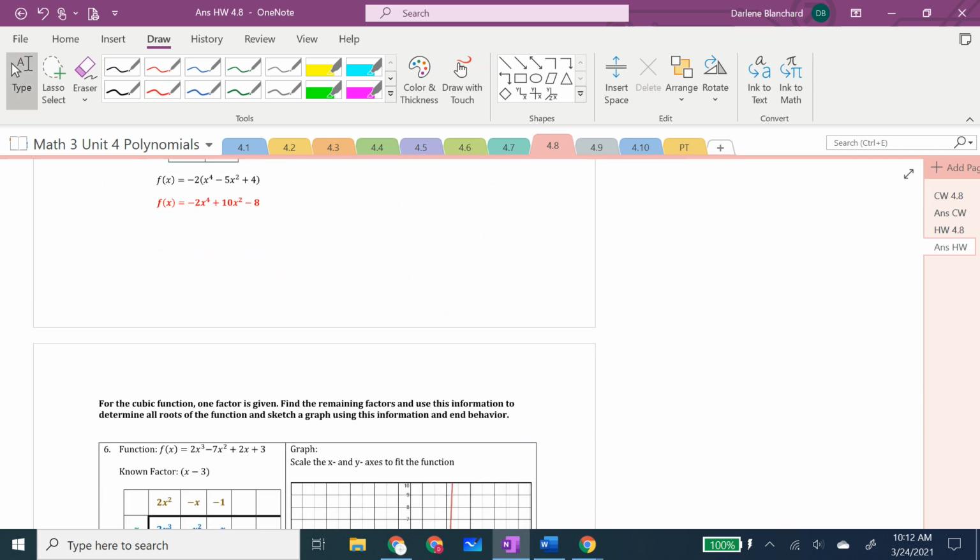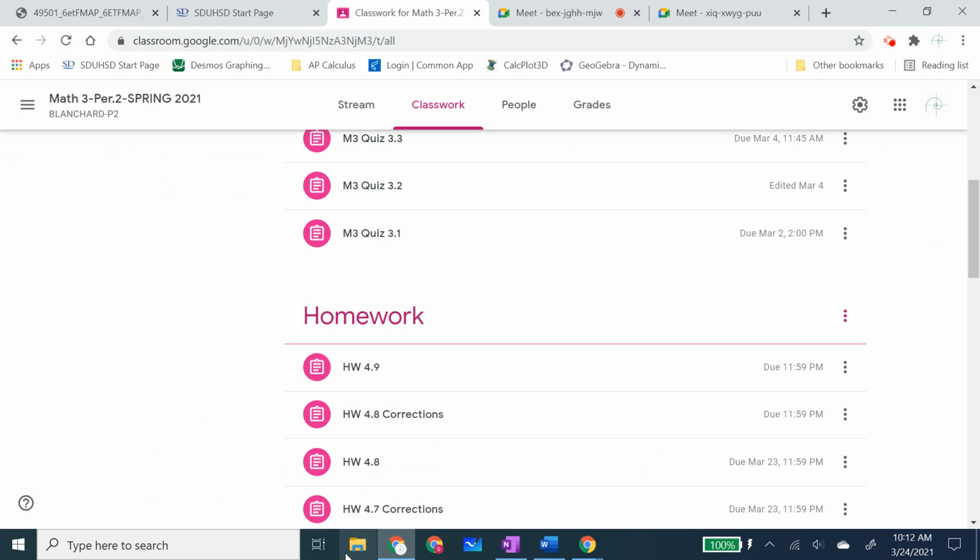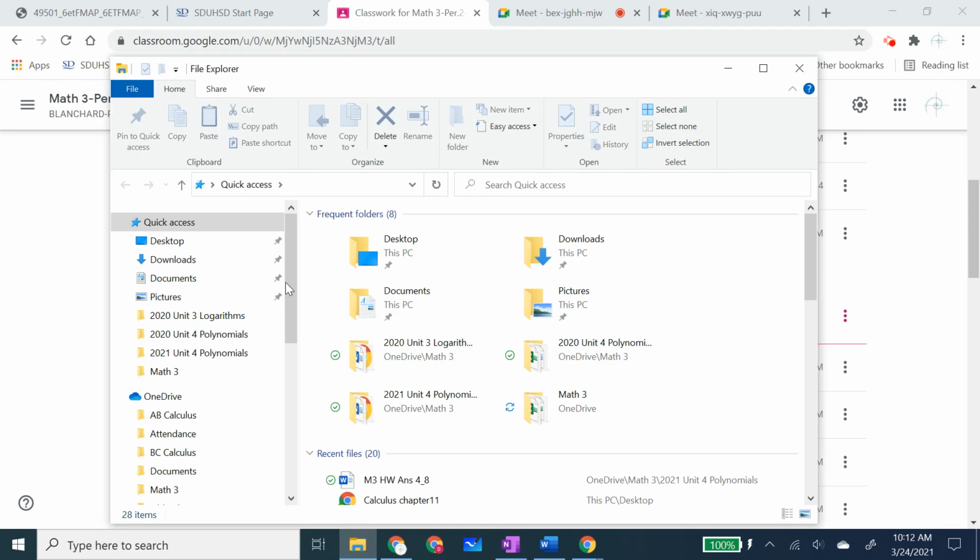Okay, I messed up somewhere. So I had a number 5 in what I printed, but not here. Okay, so I think I might have messed up, and let me find that.